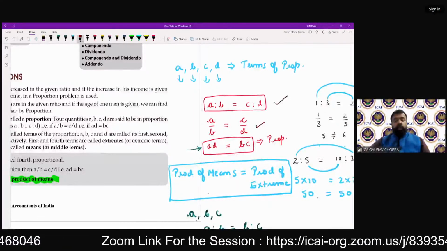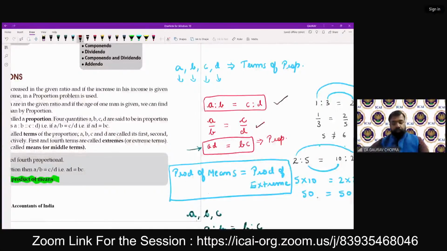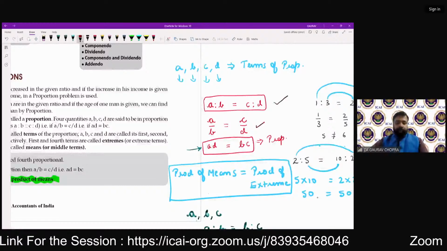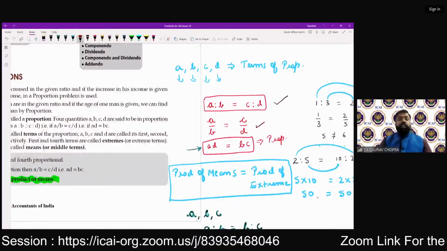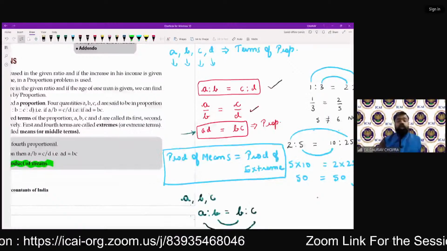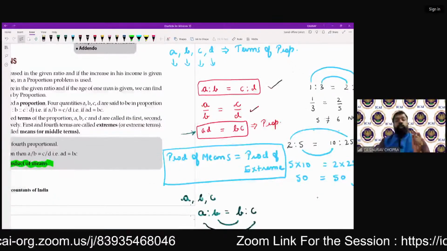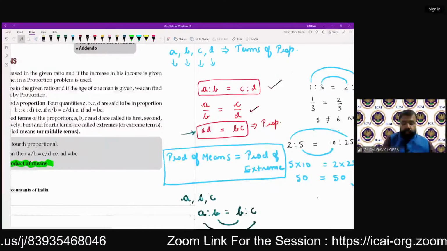If AD is equal to BC, A is the first term, D is the fourth term, whereas B and C are the second and third terms respectively. This is the basic condition of proportion. There is one common statement for this: the product of means is equal to the product of extremes.